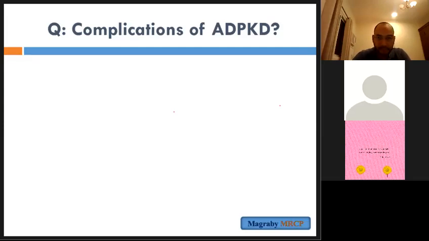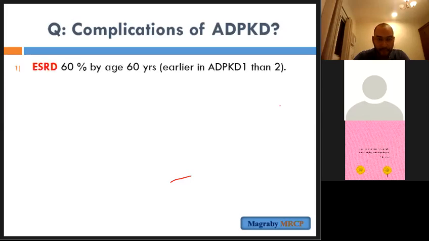What is the question? Complications of polycystic kidney disease, yes. Maybe infection or hemorrhage. Yes, recurrent infection. Stone formation. Recurrent stone formation, yes. They can develop end-stage renal disease. Subarachnoid hemorrhage. Yes, subarachnoid hemorrhage due to rupture of a cerebral aneurysm, hypertension, and affection of the heart.